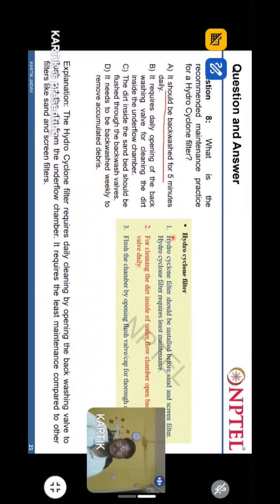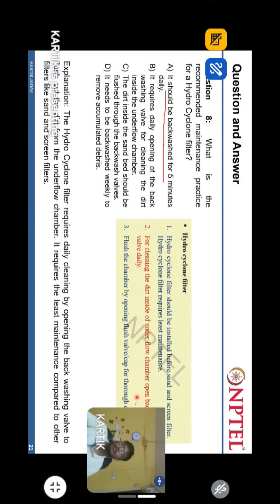We have shown that the hydrocyclone filter should be installed before the sand and screen filter. We have seen the previous slide also. And it requires the least maintenance as compared to other filters. While for cleaning the dirt inside the flow chamber, open the backwashing valve daily, right?